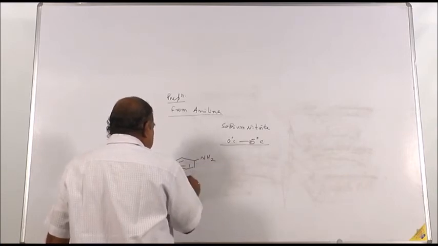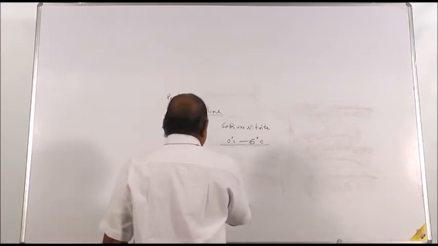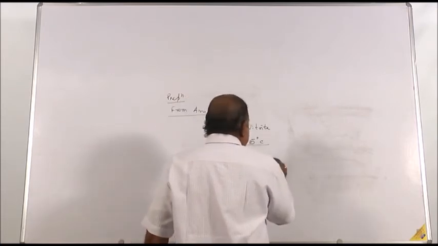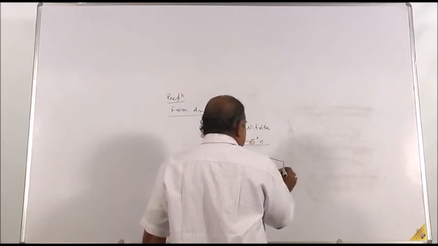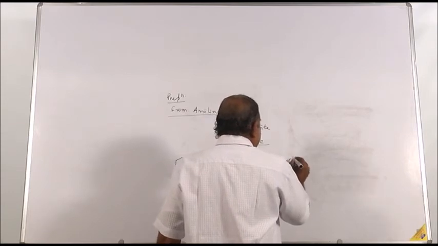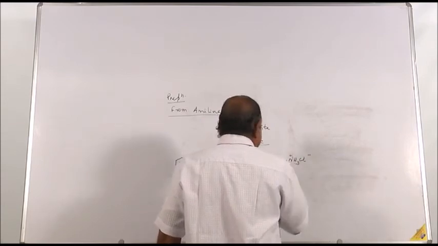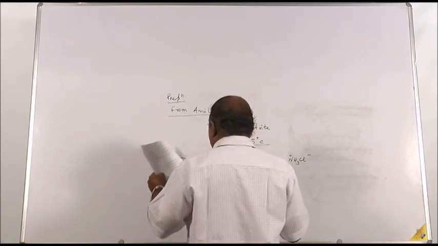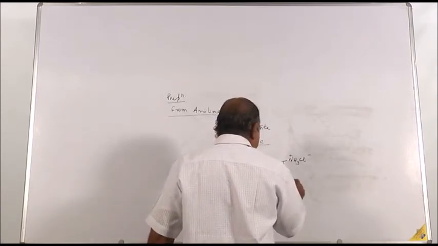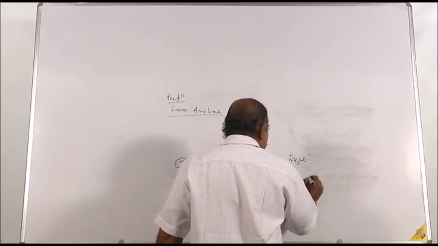So let us take aniline. This is your aniline. When you treat it with hydrochloric acid, it first forms an addition compound, C6H5 NH3 plus Cl minus. We named it already anilinium chloride.